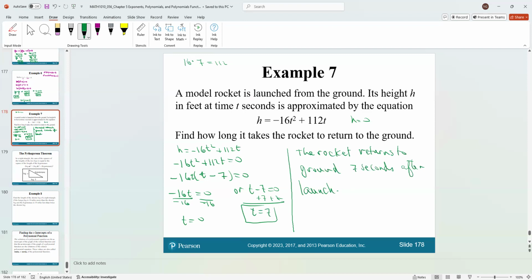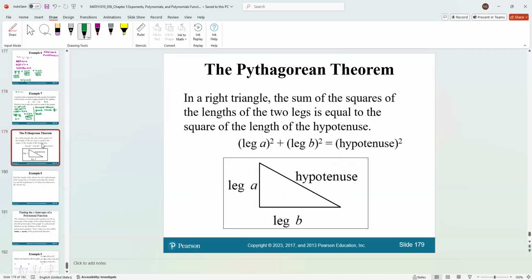The 7, when you solve, is in seconds. Another problem that we're going to deal with all the time: most of the theorems or formulas in mathematics are named after their inventors.